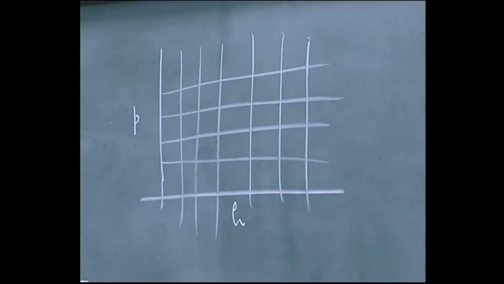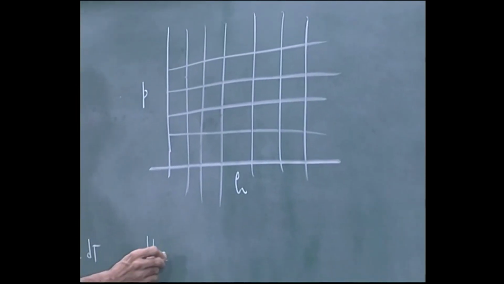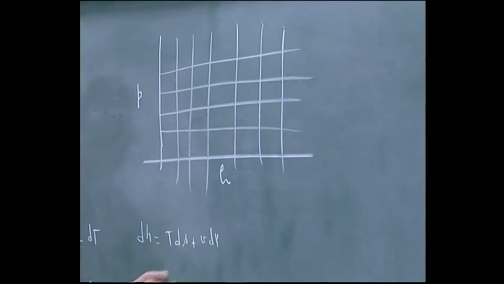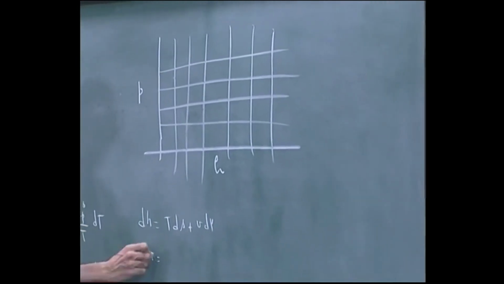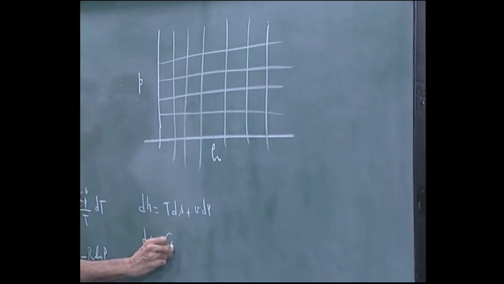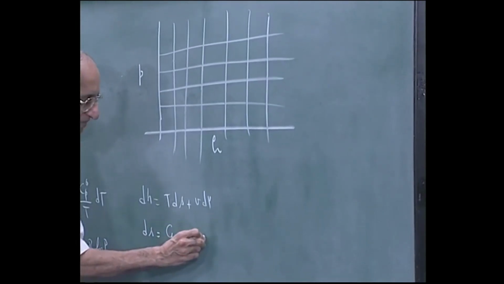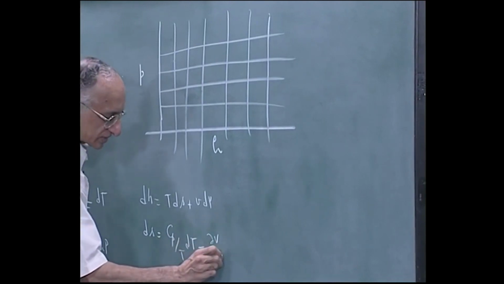You looked at isotherms. If you look at isotherms, write this as T dS plus V dP, and dS is Cp by T dT minus partial of V with respect to T dP.